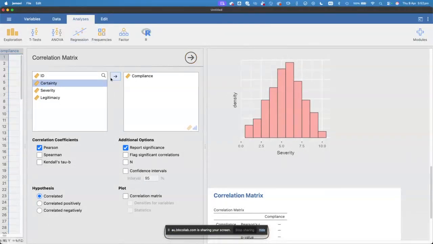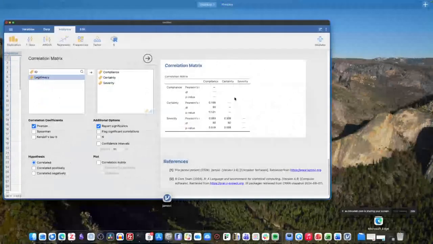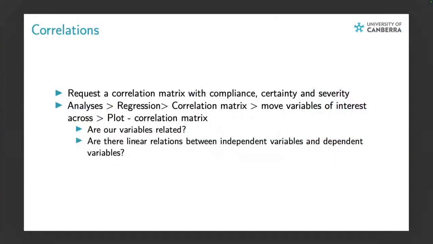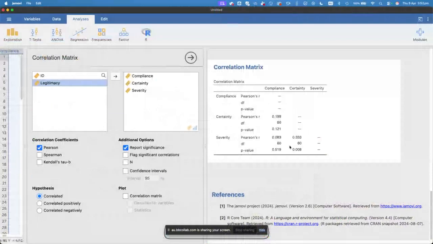And we put in our variables of interest, and we have our correlation matrix here. And so we're asking the question, are our variables related? Are there linear relations between independent variables and dependent variables? So for the first question, are our variables related? What do you think? Looking here.